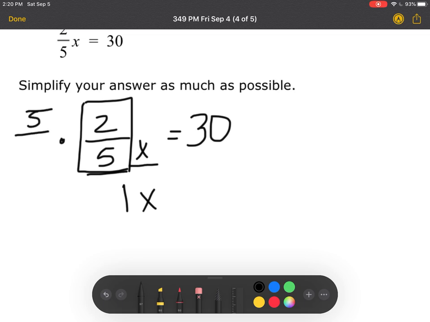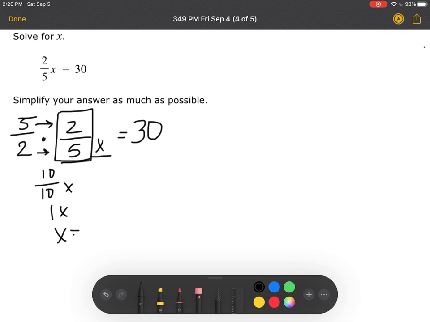If I have 5/2, which is the reciprocal of 2/5, then I have 5 times 2, which is 10, and 2 times 5, which is 10x. Now, 10/10 equals 1. So that would give me, essentially, x equals. So I know that if I multiply by the reciprocal of what is attached to x, then I can get x equals.